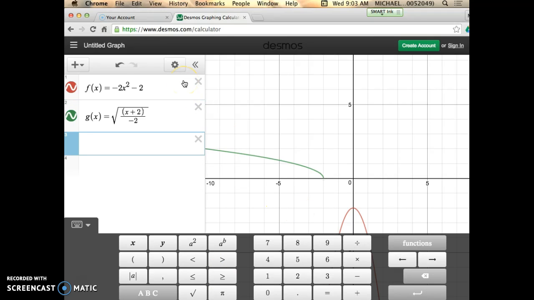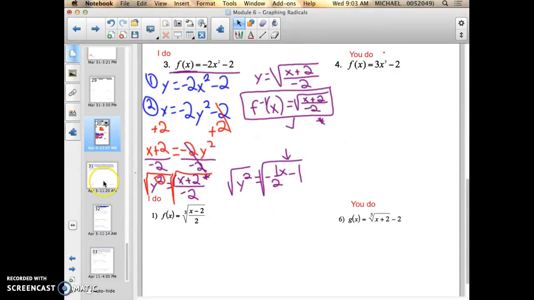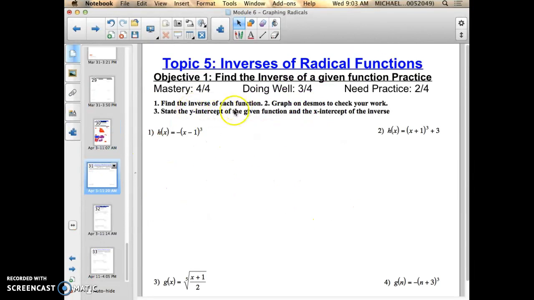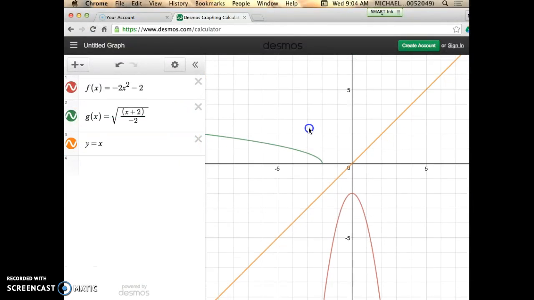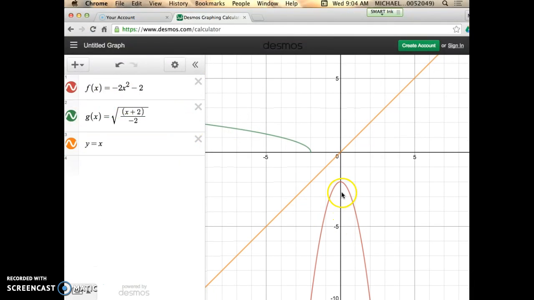I have to compare it, so one more graph I want to put in, y equals x. At this point I've asked you, in your homework, to graph on Desmos to check your work and then find the y-intercept of one function and compare it to the x-intercept of the other. So let's look at the y-intercept of the given function in red down here.